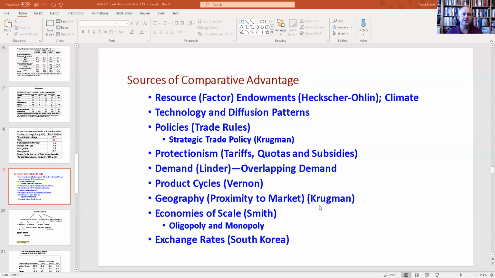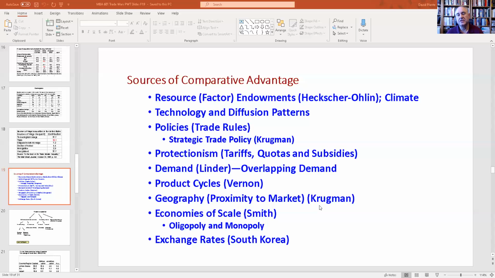And then there's something called the Linder model, which is about overlapping demand. So you might have an advantage in an industry because you have a really good or really extensive demand for the product. Like a lot of product development happens in the US because they want to be close to the largest market.